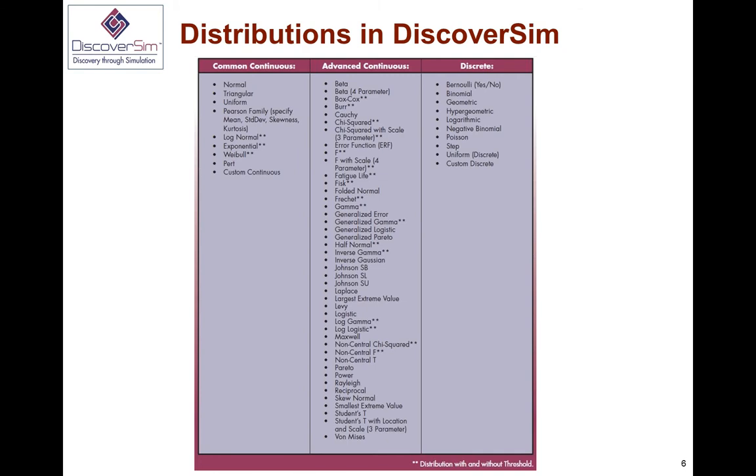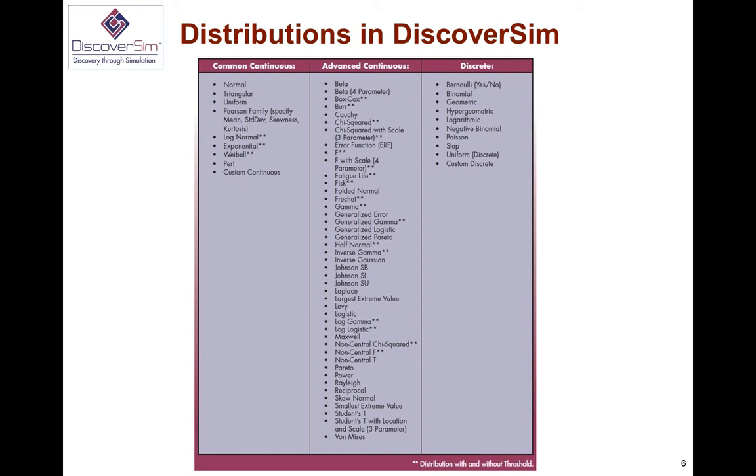A wide variety of distributions. I'm not going to go through all of these, but basically you have the commonly used ones: normal, triangular, uniform. This one's nice, Pearson family. You can plug in a mean, a standard deviation, skewness, and kurtosis, and those four moments can then be simulated.